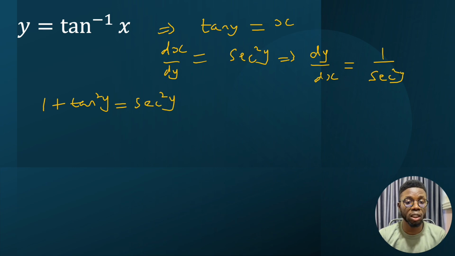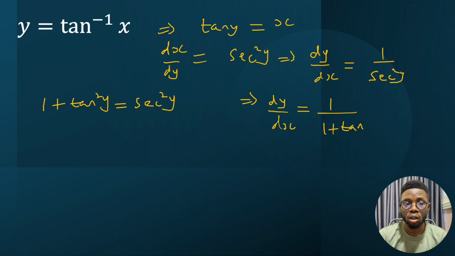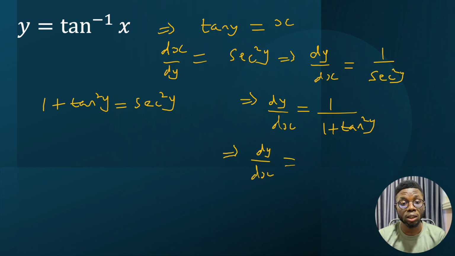So we can simply replace this here. That implies dy/dx is going to be 1 divided by 1 plus tan squared y, and finally substituting what the original tan y is. Tan y, from where we started, equals x, so that will be 1 divided by 1 plus x squared.